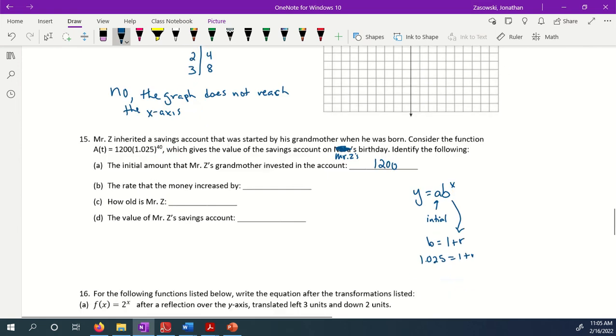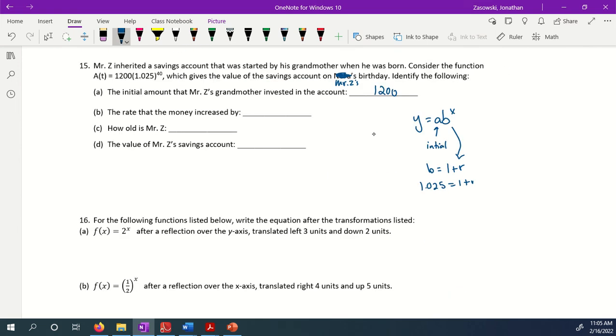So if we just subtract 1 away, we'll have our rate, which is 0.025. That is our rate. This is 2.5%, or 0.025. I'll take either one. How old am I? Remember, this is our time. So if I got it when I was born, now 40.